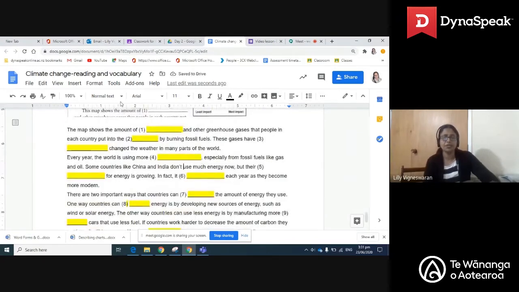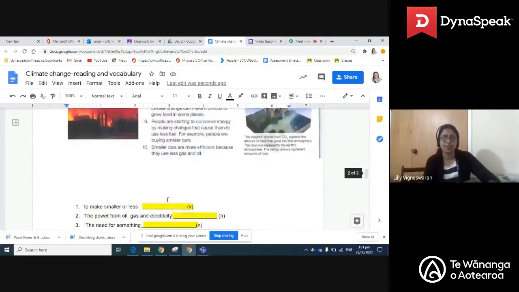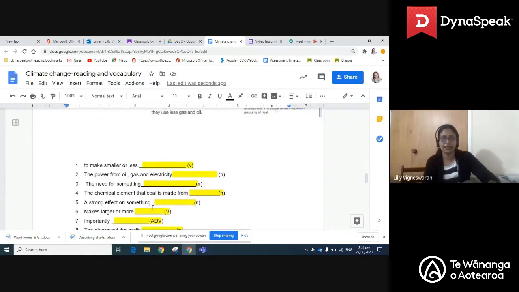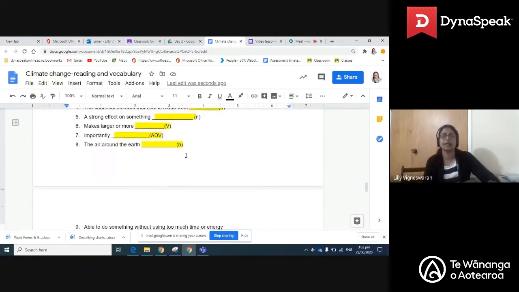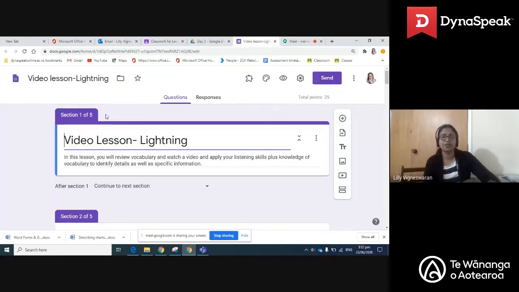All you have to do is look at the map, read this description, and fill in the blanks with the words in blue color from here, or the words that you've written as answers for this exercise. Both are the same. So you'll have a chance to practice that vocabulary here, which is good because it's all about academic skills.